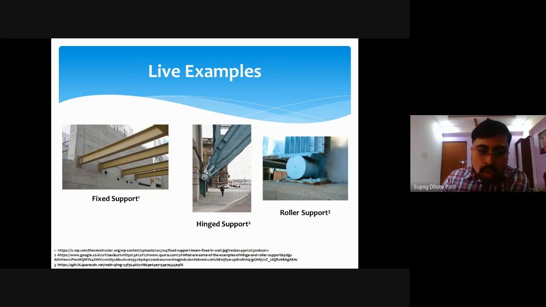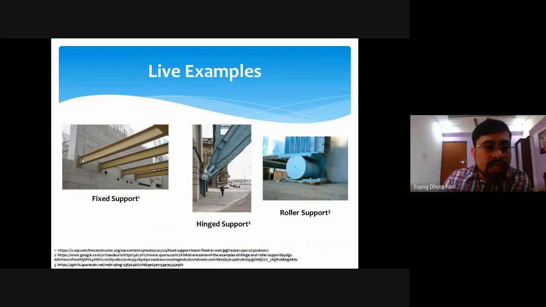It means this whole assembly can't move in the downward direction or vertically upwards, and it can't move beyond this wall, toward or away from this man. So only this beam can rotate here through this hinge. Only rotation is possible.